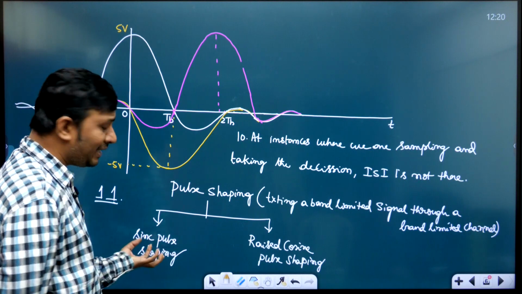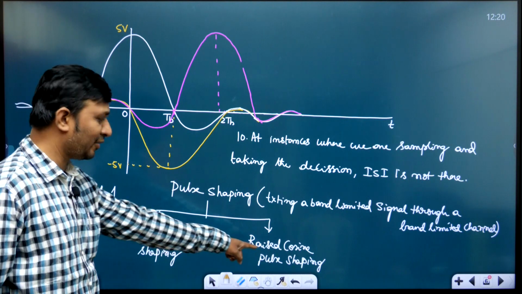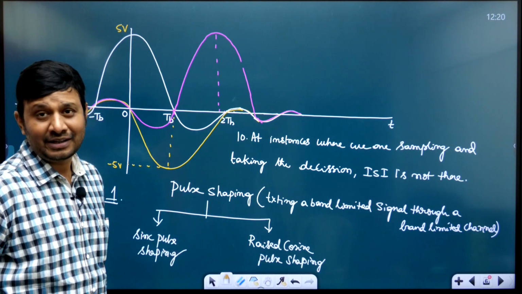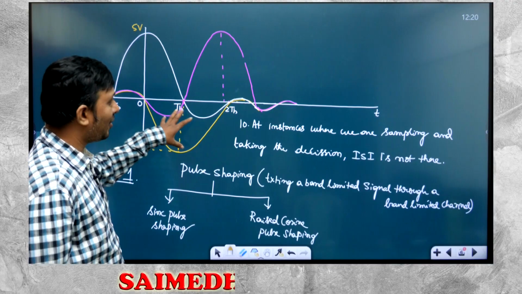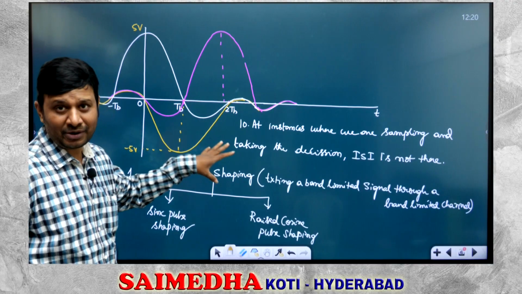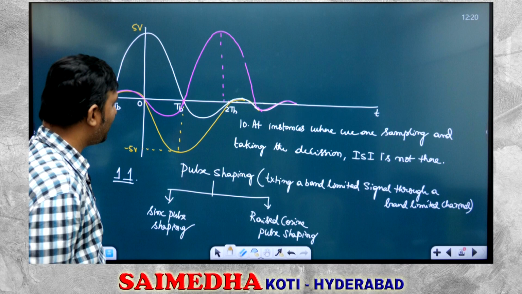If the sync pulse shaping is that much efficient, why are we going to have raised cosine pulse shaping? It means there is a problem with sync pulse shaping also, right? What is that problem?